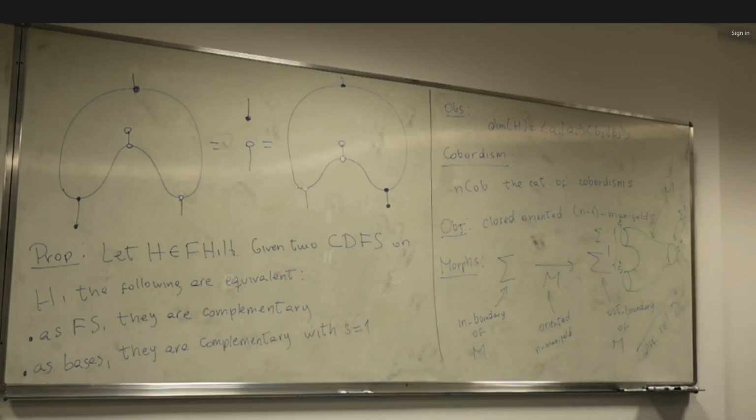I think it's not clear from what you've written that this is additional data that you're specifying. You're specifying not just a manifold boundary, but also a decomposition of its boundary into two disjoint pieces, sigma and sigma prime, which you're calling in and out. It's not because of the orientability. It's still specifying data, which you call in and out.